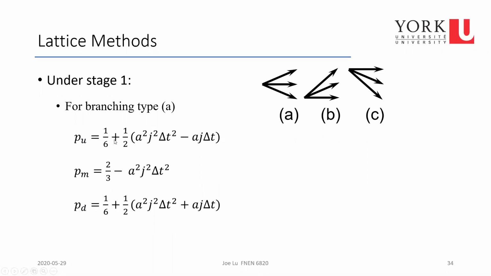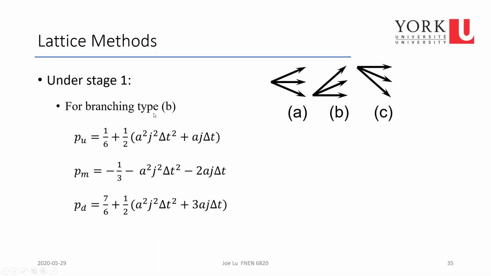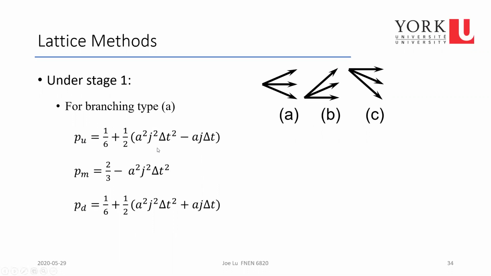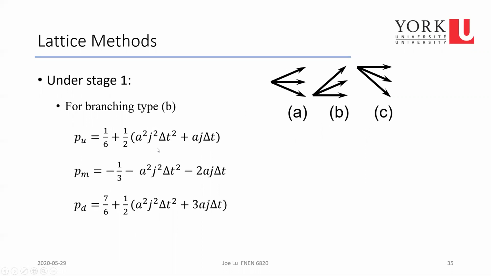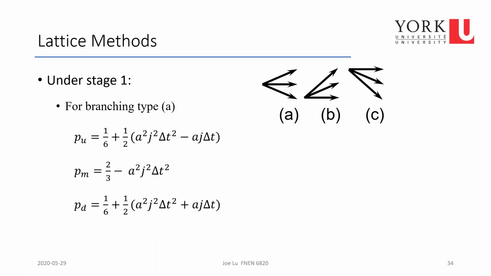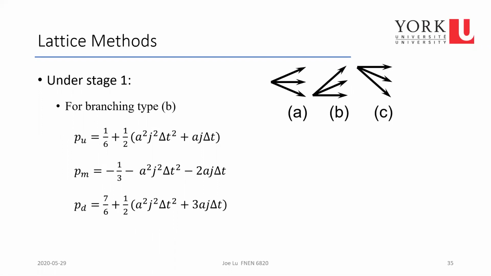You can just solve those equations that we've seen earlier. You will get this number here. And similarly, for branch B, you have a similar but different equation here. For the first one, the sign here is different. So they're similar but different.